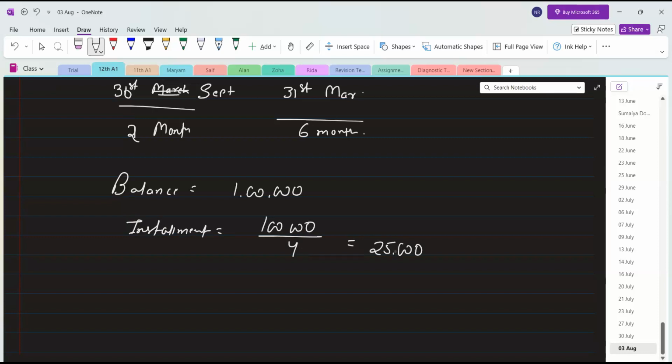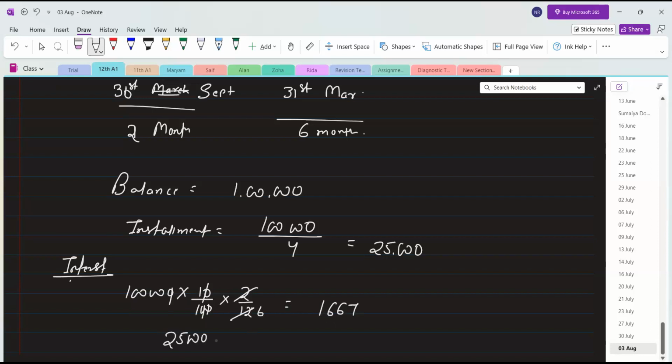Then interest on remaining balance: 1 lakh into 10% into 2 by 12. It will be 1667. So installment amount will be 25,000 plus 1667, so 26,667.